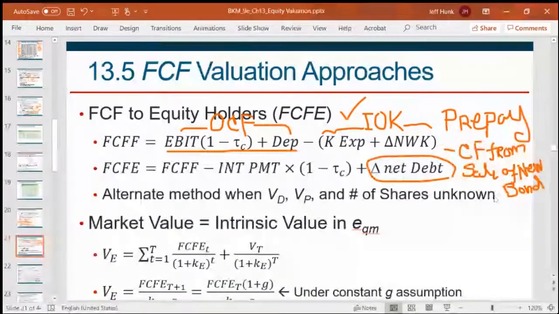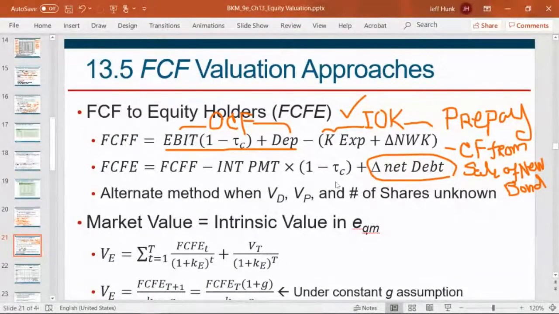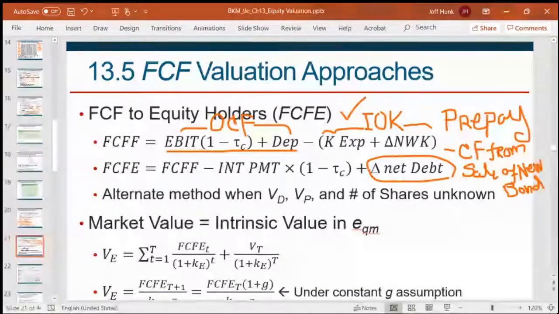So from the equity holders' perspective, because equity holders are owners, right? Interest payment is an expense to them. And actually by as much as the tax rate, you are benefiting from the fact that the company is paying taxes, right?